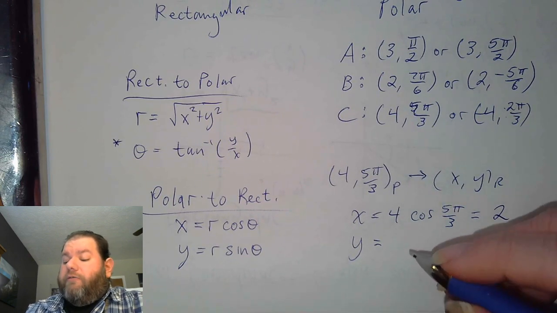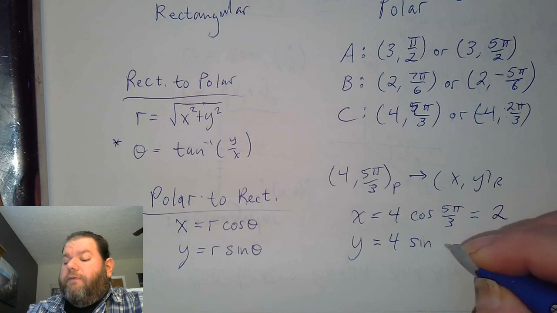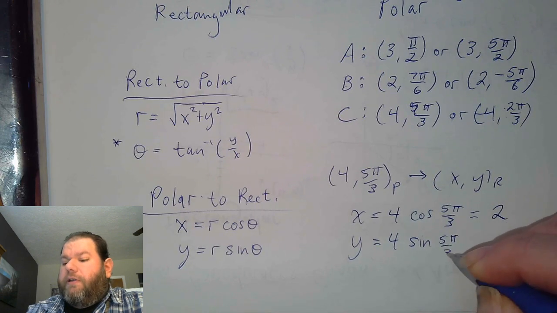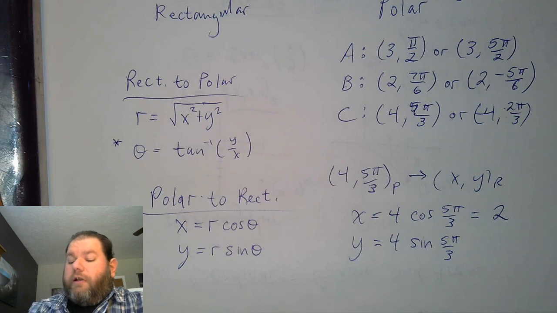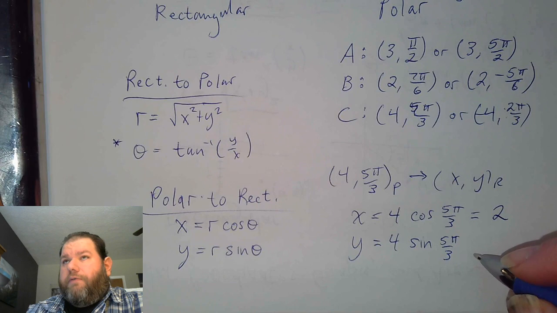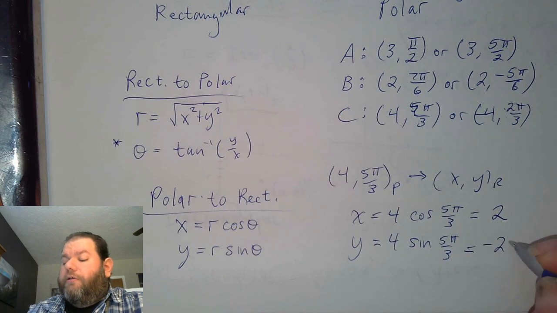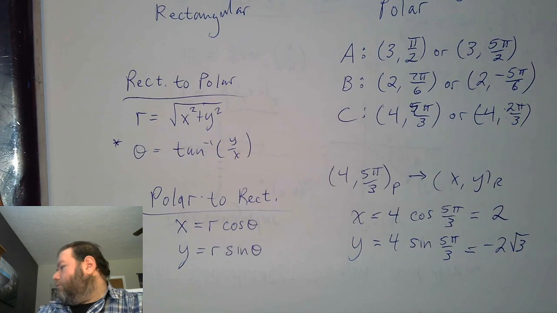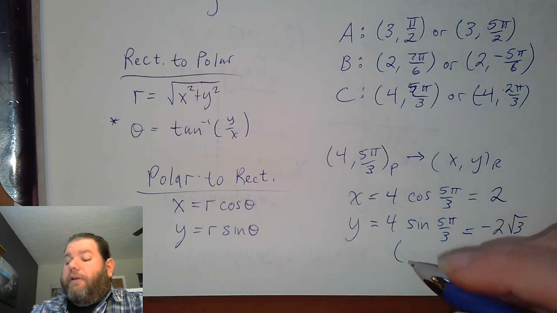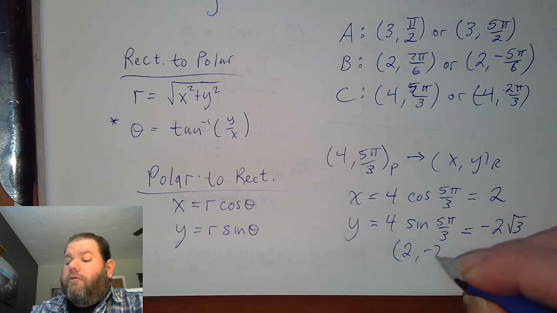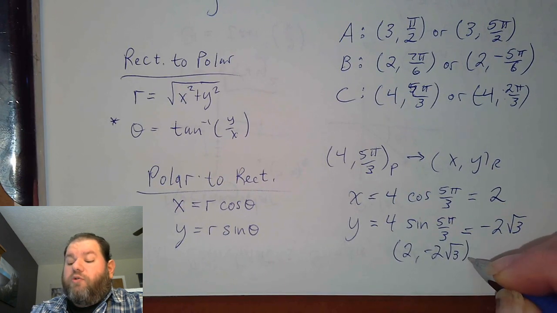And then for y, that would be 4 times sine of 5 pi over 3, which is negative root 3 over 2. Times 4 is negative 4 root 3 over 2, so negative 2 root 3. So that would be the coordinate in the rectangular coordinate system.